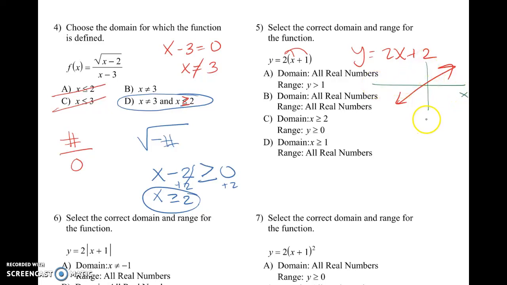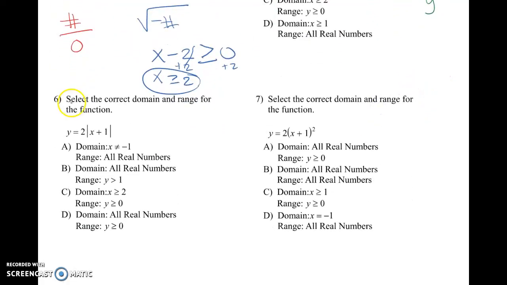So x is my domain and y is my range. It looks like x can be any number, and it looks like y can be any number. There's no number that it can't be. As x goes to infinity, y goes to infinity. As x goes to negative infinity, y goes to negative infinity. So it should be B, all real numbers and all real numbers.